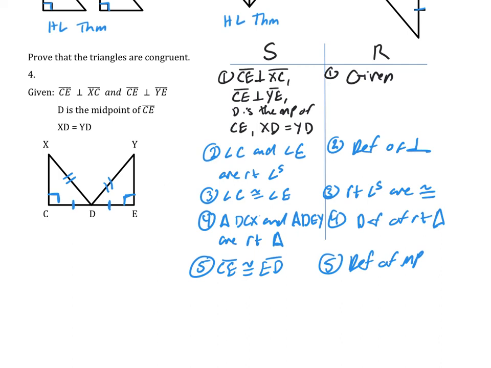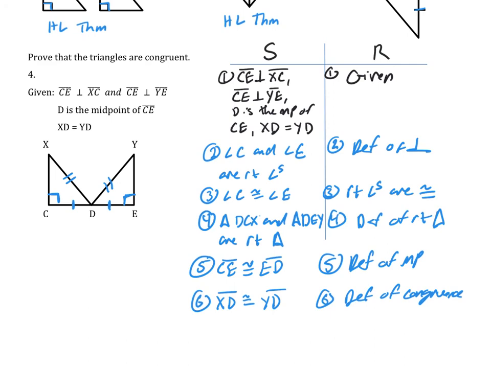We knew that because we had a midpoint there. And lastly, we can say that XD is congruent to YD because that's the definition of congruency. If two figures are congruent, their measurements are equal, so we were just using the reverse of that.